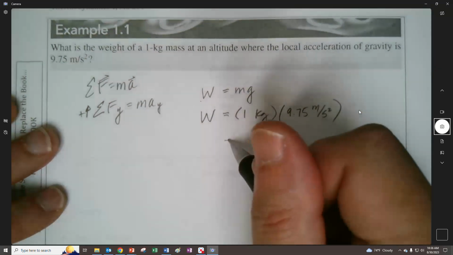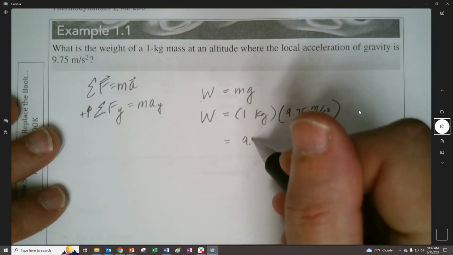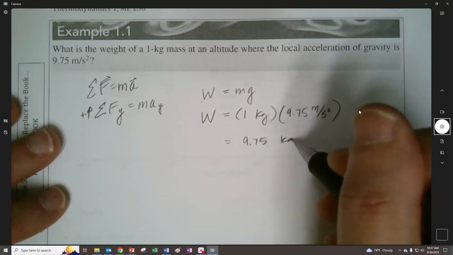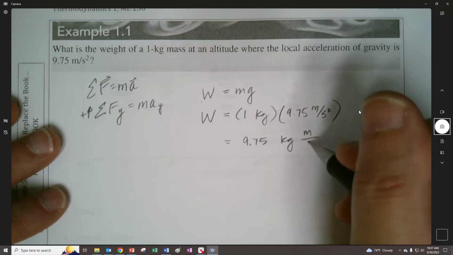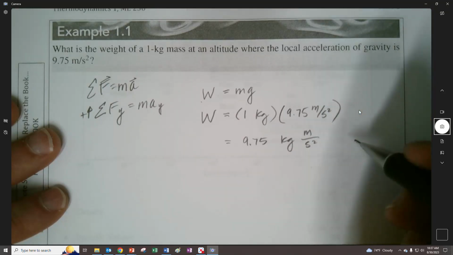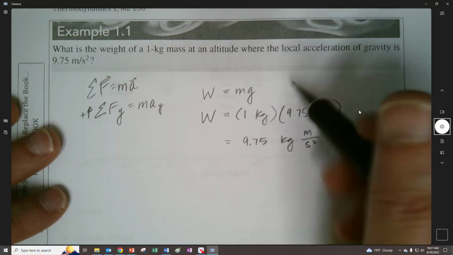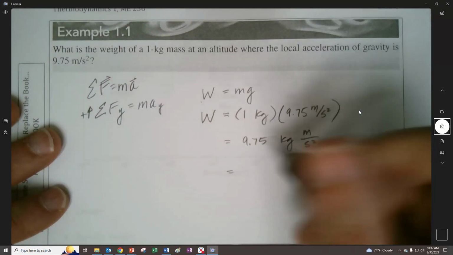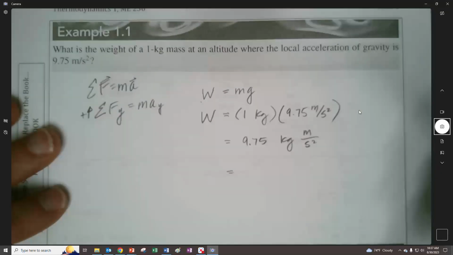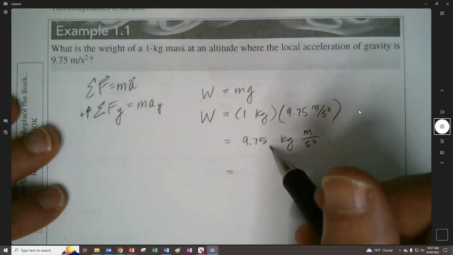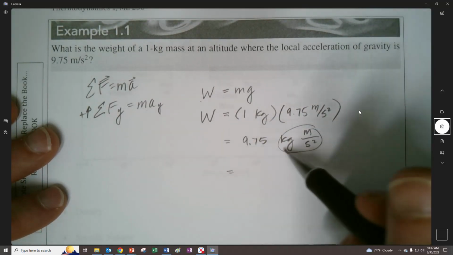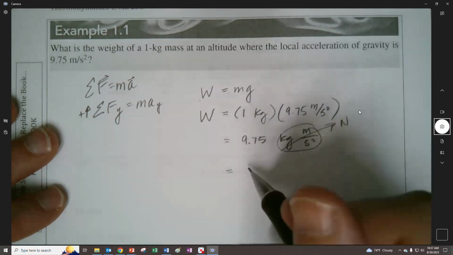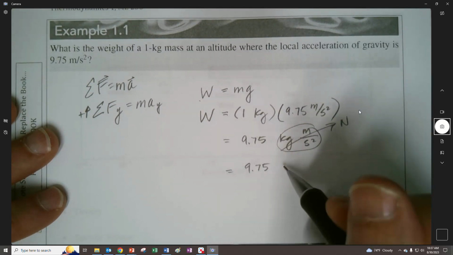So what you would get is 9.75 kilogram meter per second squared. Well, that's not what we want. For forces we use newtons in the SI unit. So what you find is that this collection of units turns into a newton. So the answer is 9.75 newtons.